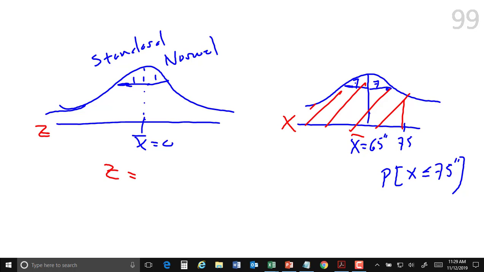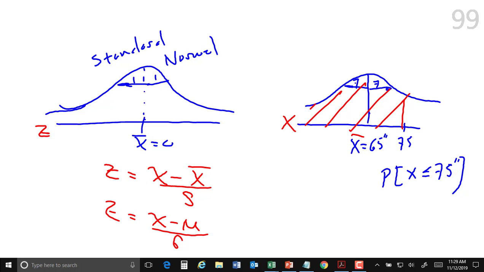And Z is going to be equal to any particular X, right? Minus whatever the mean is, divided by S. Okay, so if you're using population values, then you'd say X minus mu divided by sigma.